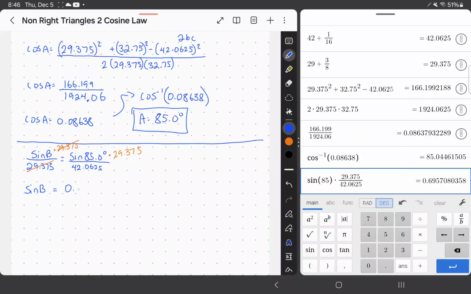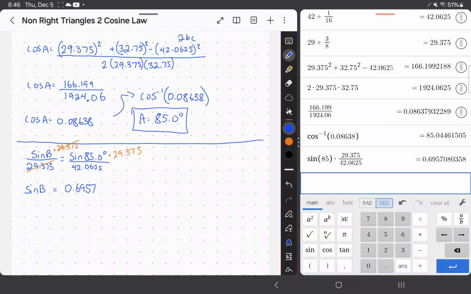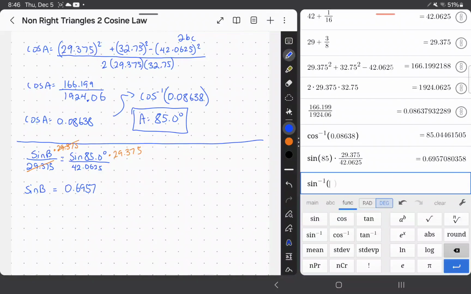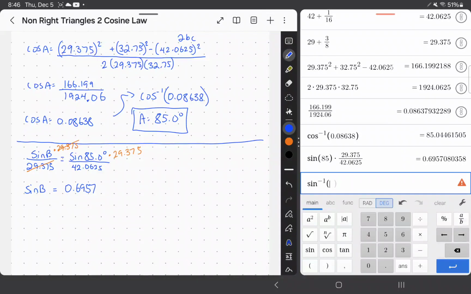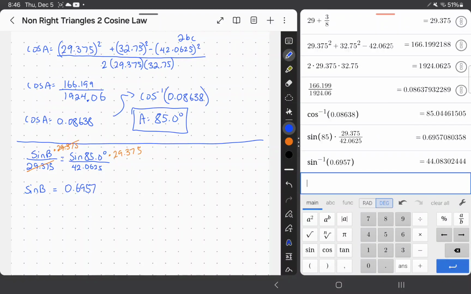So the decimal here is 0.69757. So that's kind of what we're expecting, a decimal less than 1. So I'm going to press enter on the calculator and then do the shift sine of 0.6957. And that's going to be, let's hit enter. So B is going to be a 44.1 degree angle.